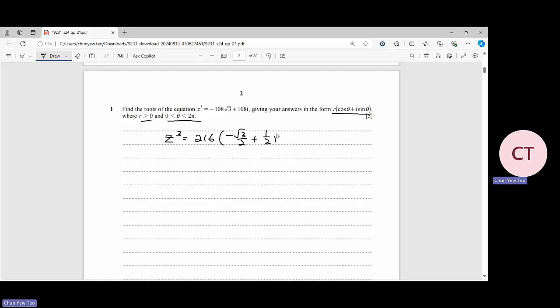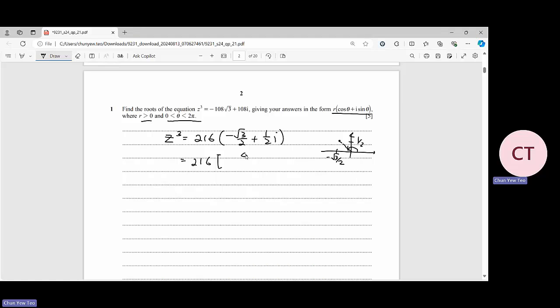From here, you know that x is negative and y is positive, so you are in the second quadrant. You can see that your r is 1 and your angle theta, you can just use your calculator.